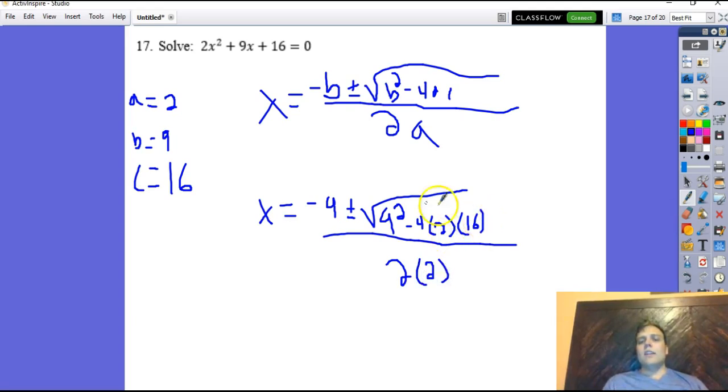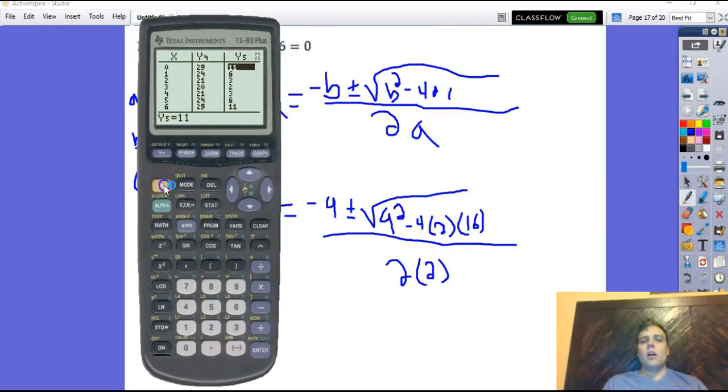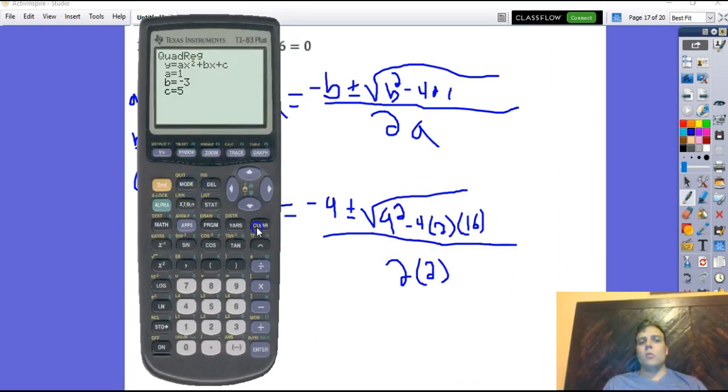Alright, so now you need to figure out what's happening underneath the square root sign. So that's also called the discriminant. You need to figure out what's going on with the discriminant. Okay, the discriminant is what's happening underneath the square root sign. So 9 squared, notice I did not put square root. I'm not square rooting it yet. I'm seeing if I can square root it by first looking and seeing what the number is. Times 16. Press enter. And I get a negative 47.